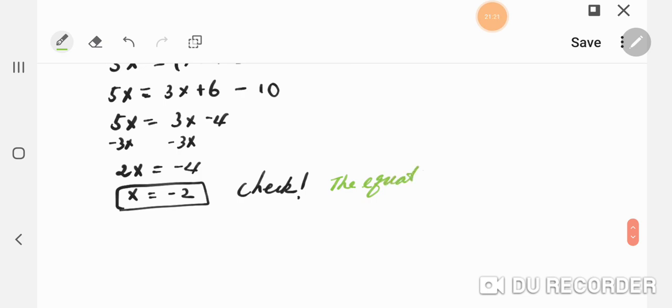The equation has no solution. Why? Since x equals negative 2 makes what?